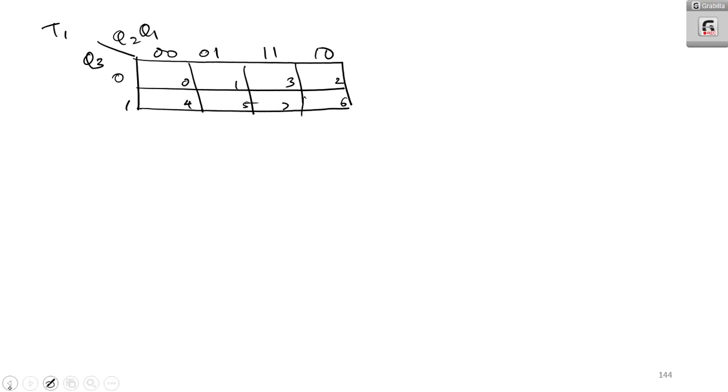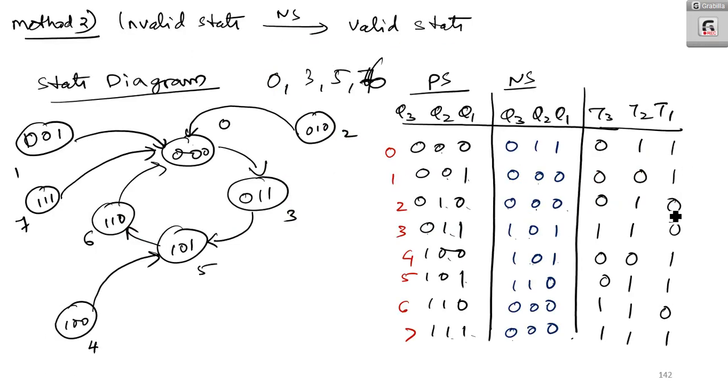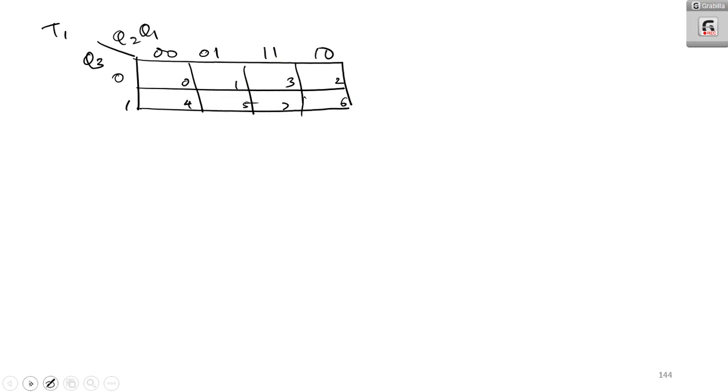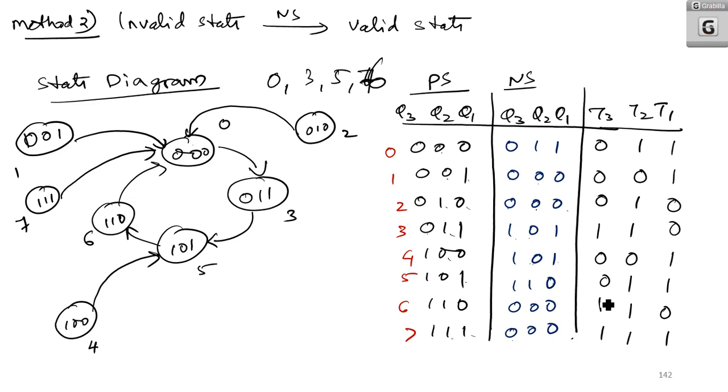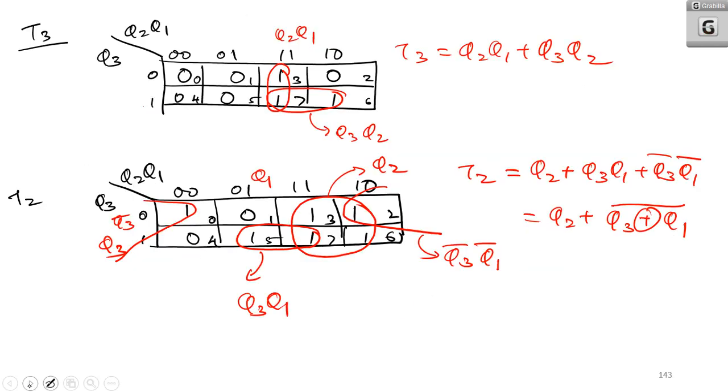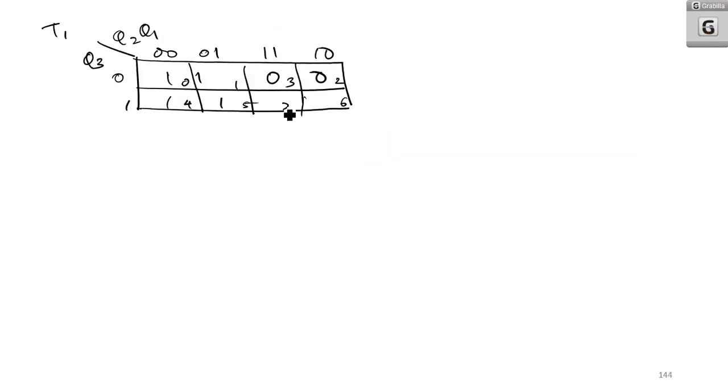How will it look like? It is 1, 1, 1, 0, 0, then 1, 1, 0, then 1, 1, 0, 1, and 1, 1, 0, and 1.